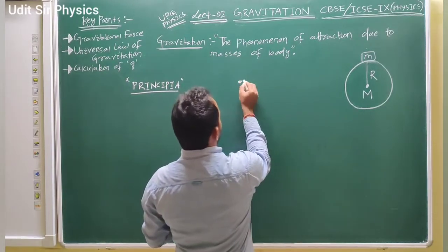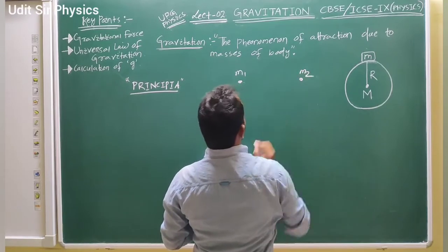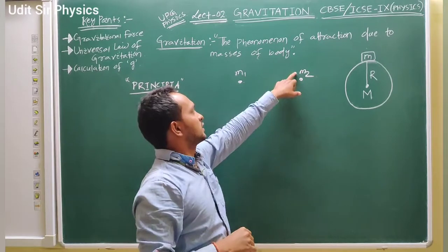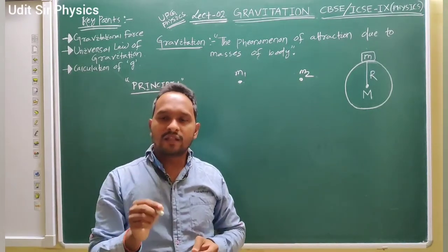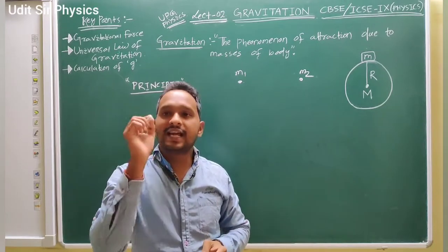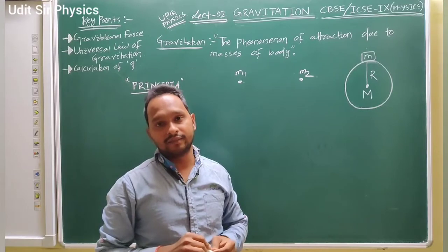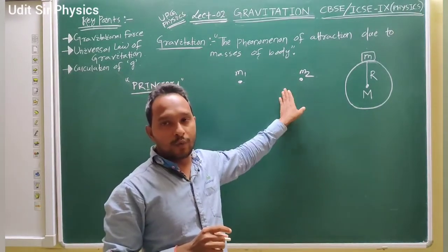Suppose this is a mass m1, and this is a mass m2. Here there are two massive bodies, that means which have masses. The gravitational force is always attractive between two massive bodies.